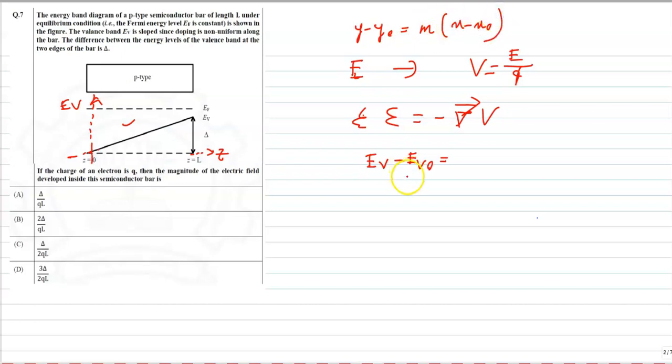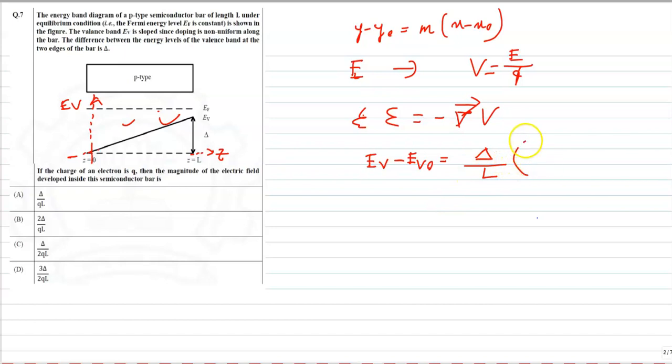Remember from your intermediate classes. So EV minus EV naught is equal to slope. What is the slope of this line? Del upon L. Very clearly it is shown in the figure.